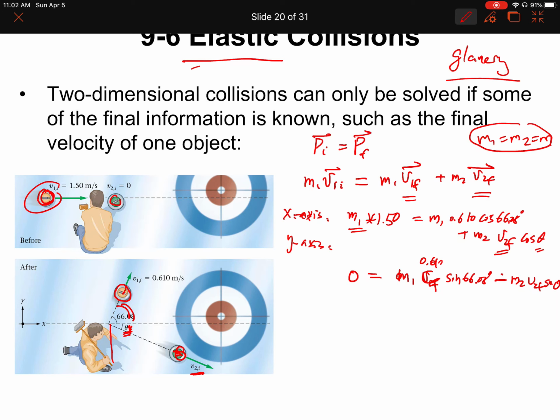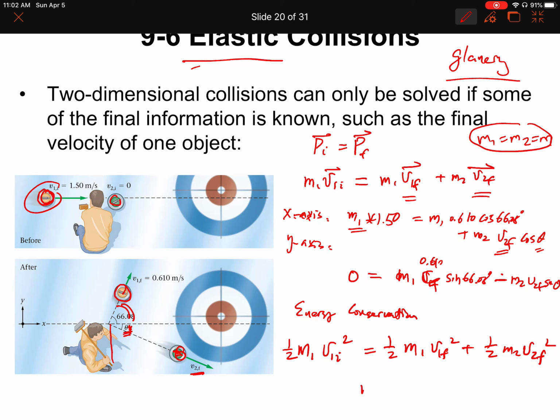One more equation you have here is energy conservation. Okay, so 1/2 m1 v1I square equal to 1/2 m1 v1f square plus 1/2 m2 v2f square. Assume m1 equal to m2 equal to m.